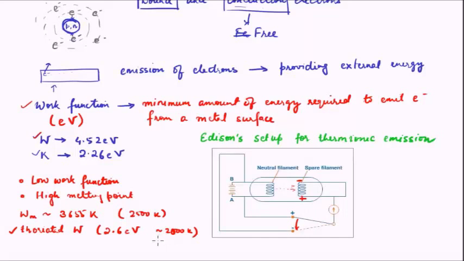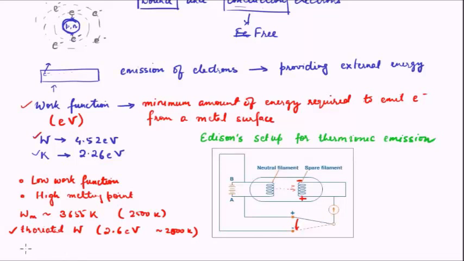Now the other alternative is to coat tungsten with barium, cesium or strontium oxides. These oxides have a very low work function of their own. Therefore that results in a reduction in the total work function of the combination.